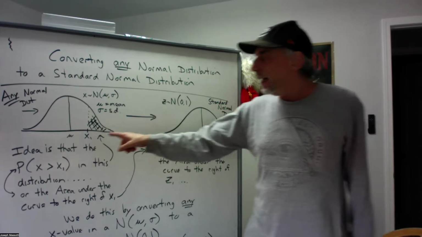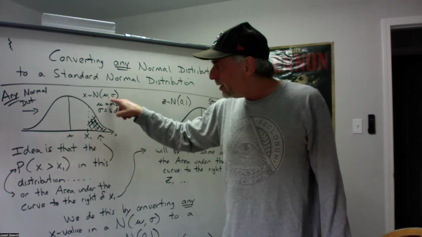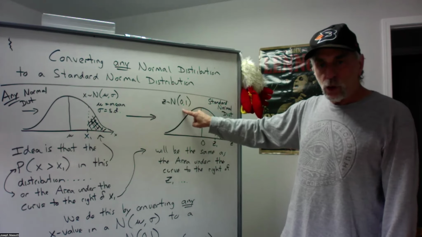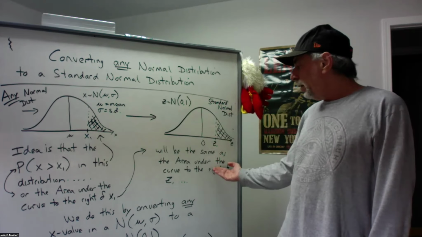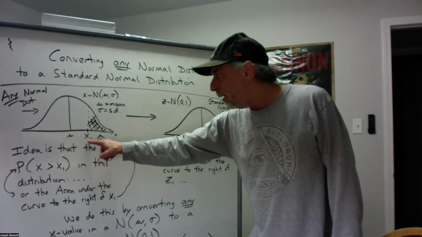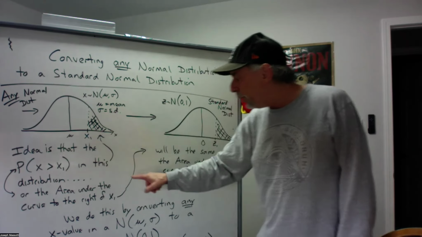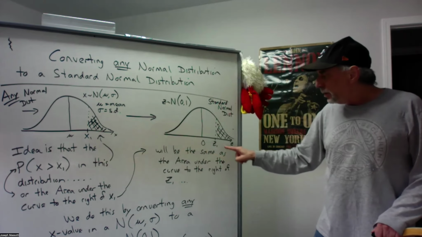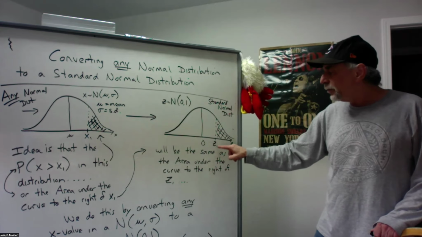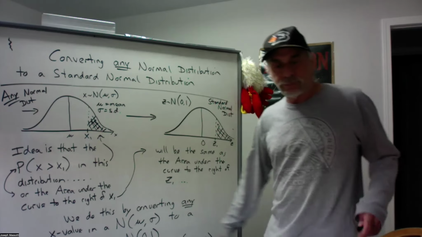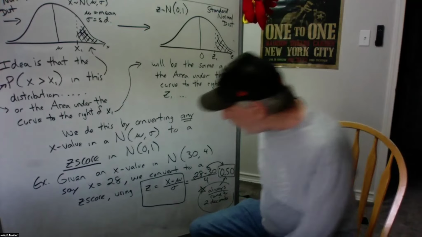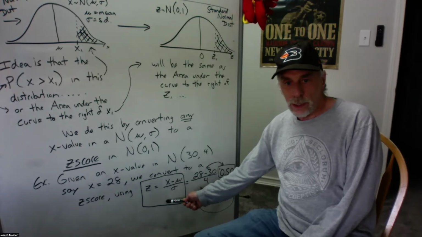So we're converting the x value in this distribution to a z value in our standard normal distribution. The task again is to find the z such that the same area is under the curve to the right of that z. And we do that by using this formula.